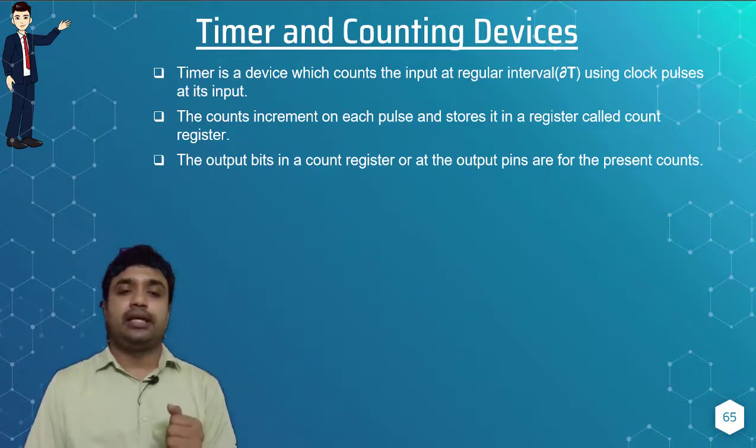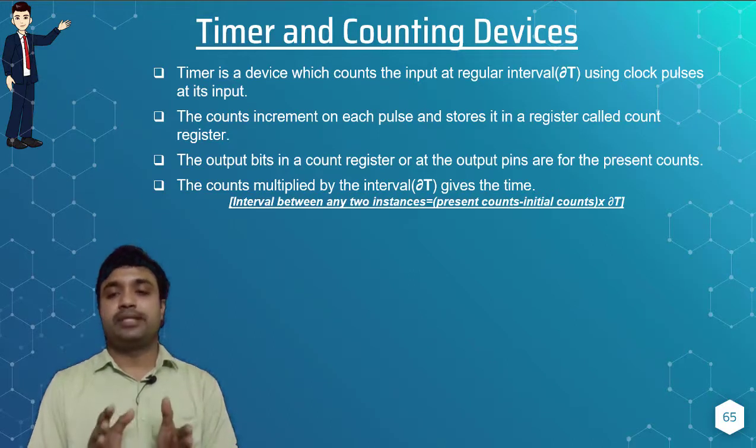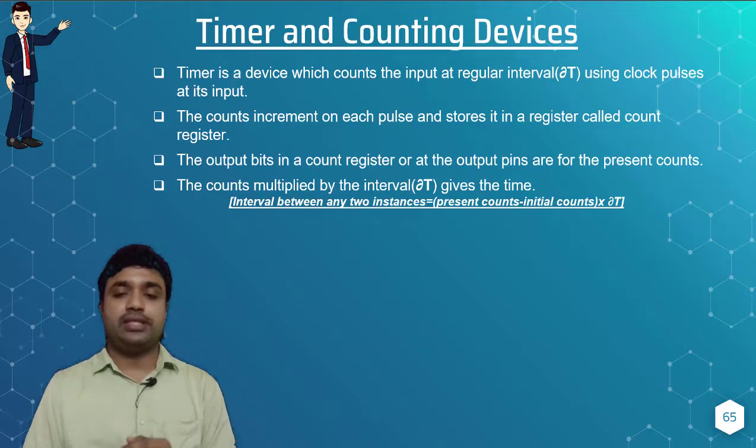To find the interval between any two time instances, the relation is the present count minus the initial count, multiplied by the interval, delta t. This relation gives you the interval between any two instances.